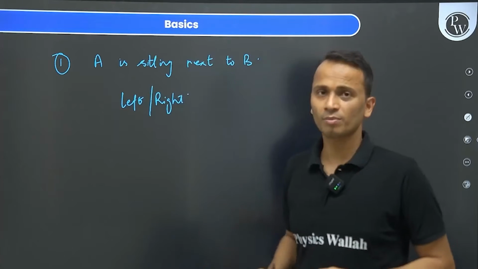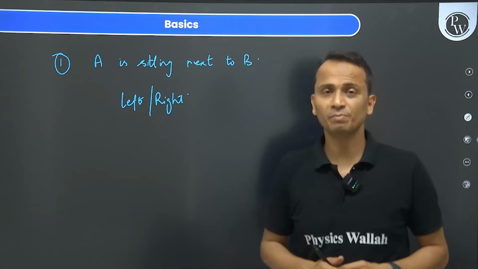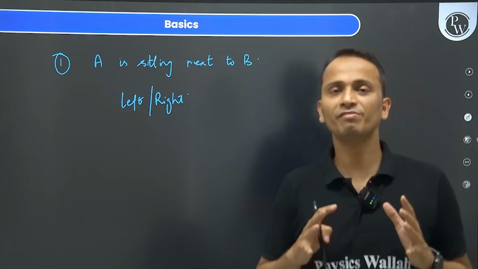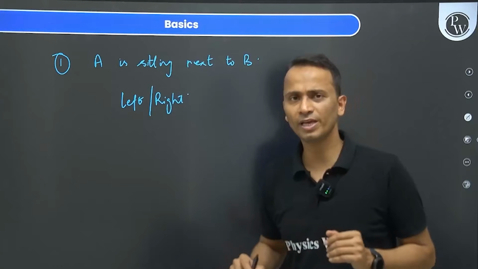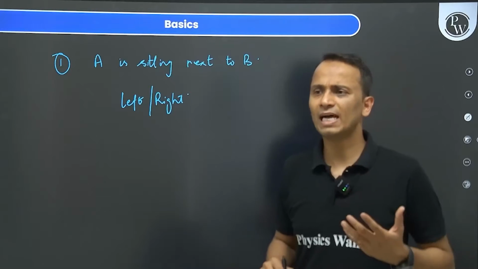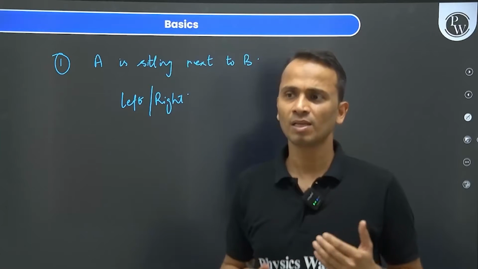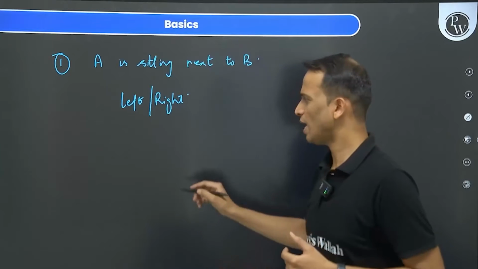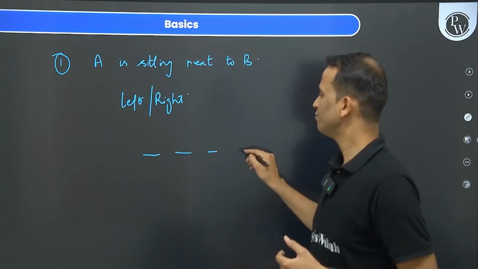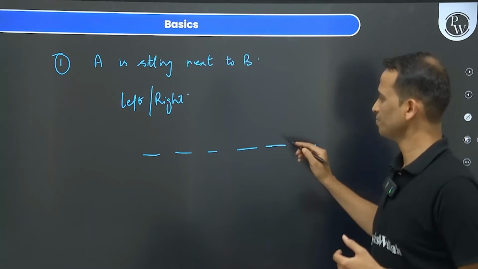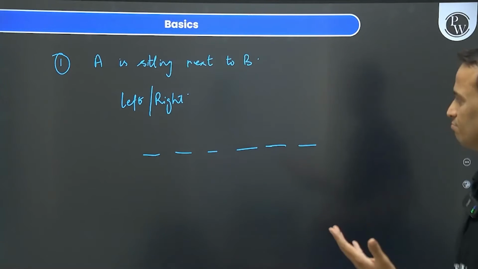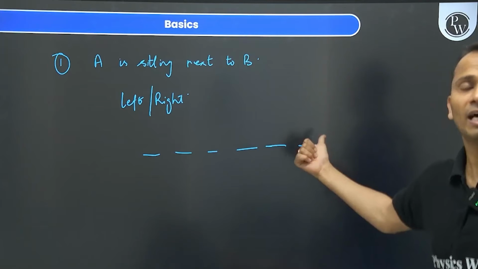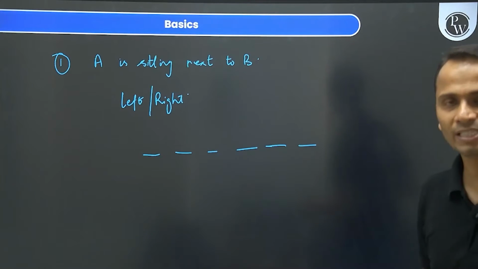So before arranging any set of people, first of all you have to be very clear about selecting left or right. Okay? तो अगर आपको बोला हुआ है that all these people are sitting and they are facing the same direction, तो आपको क्या करना है? Let's say if these are the 6 chairs, okay, so you can assume that all these people who are sitting are facing inside, अंदर की तरफ face कर रहे हैं. क्यों? ऐसा क्यों?